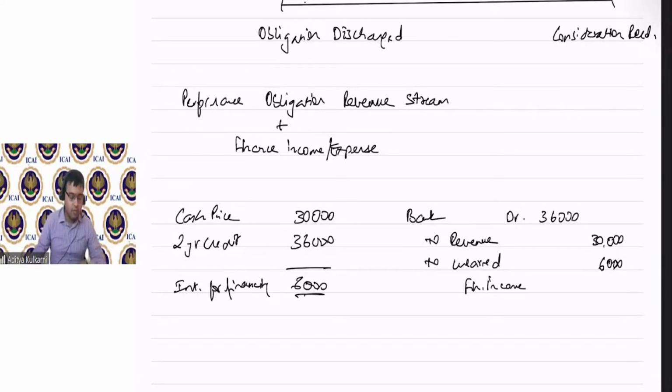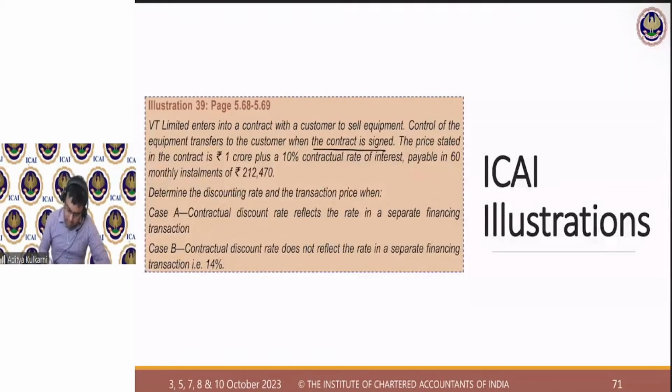Now, in this question, the price stated in the contract is 1 crore plus a 10% contractual rate of interest. This 10% contractual interest reflects the rate in a separate financing transaction in case A. So the contractual rate of interest becomes my IRR, as it is related to the contract.